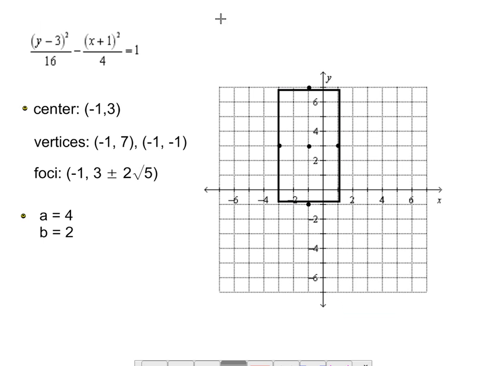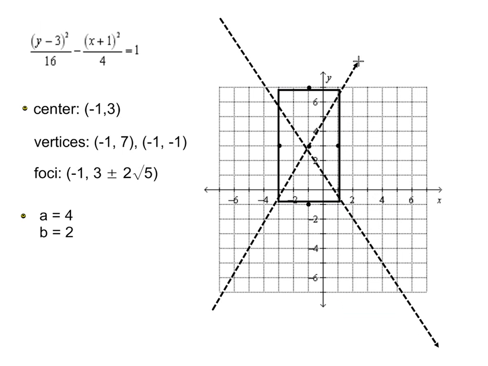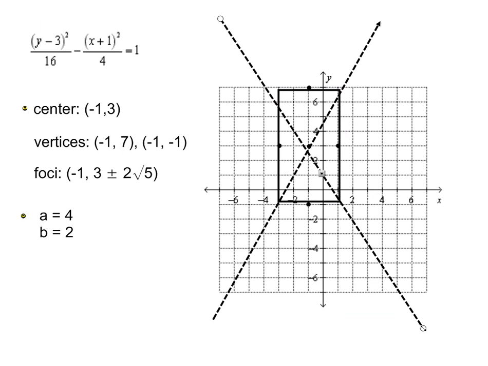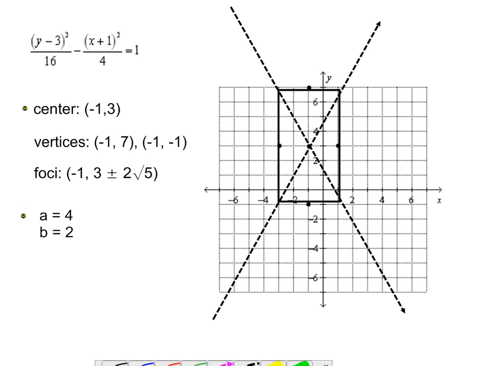The asymptotes are going to pass right through the diagonals. So we sketch some asymptotes in here and straighten them out. And there are our asymptotes.